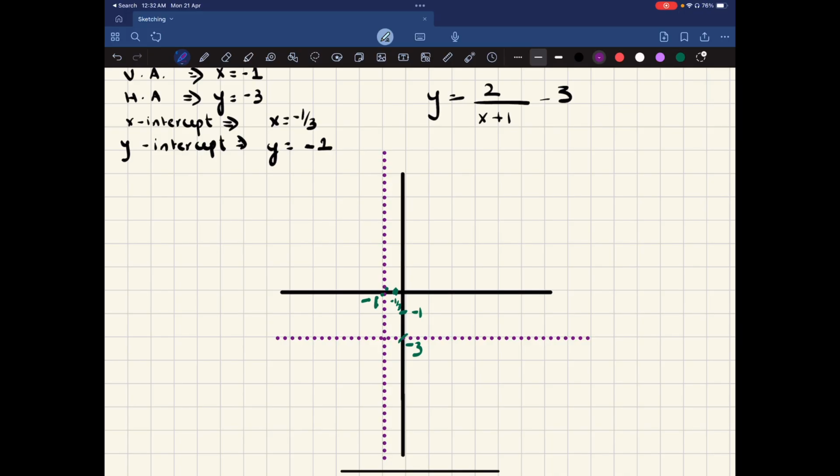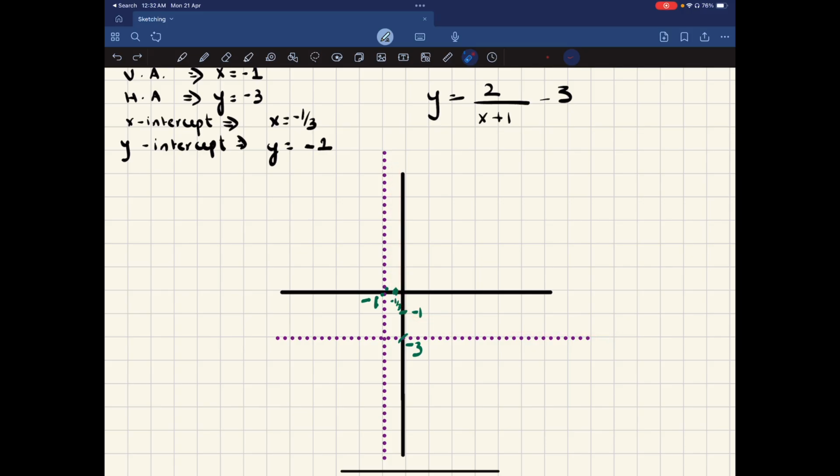Since it cannot cross this and this, the graph that we're going to have in the first quadrant is going to cross the x-axis at negative 1 over 3, y-axis at negative 1. It's going to be something like this.